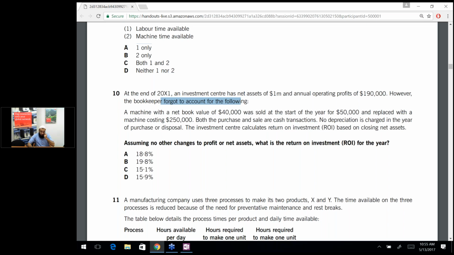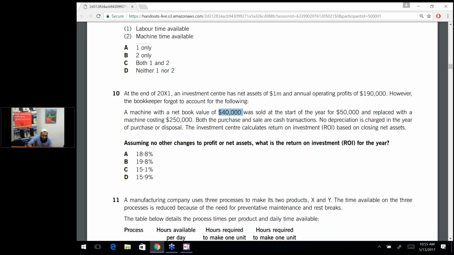Now, forgot to account for the following. A machine with a net book value of 40,000 is sold at the start of the year for 50,000. Obviously, there is a 10,000 gain on disposal, because the net book value was 40,000 and you sold it for 50,000.